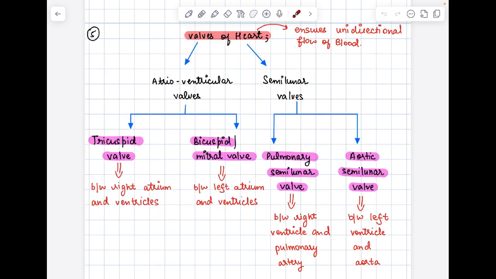Semilunar valve, we have the two types. First is pulmonary semilunar valve, that is present between the right ventricle and pulmonary artery. And second is aortic semilunar valve, is present between the left ventricle and the aorta. I hope this you already know, so there is no need to explain.